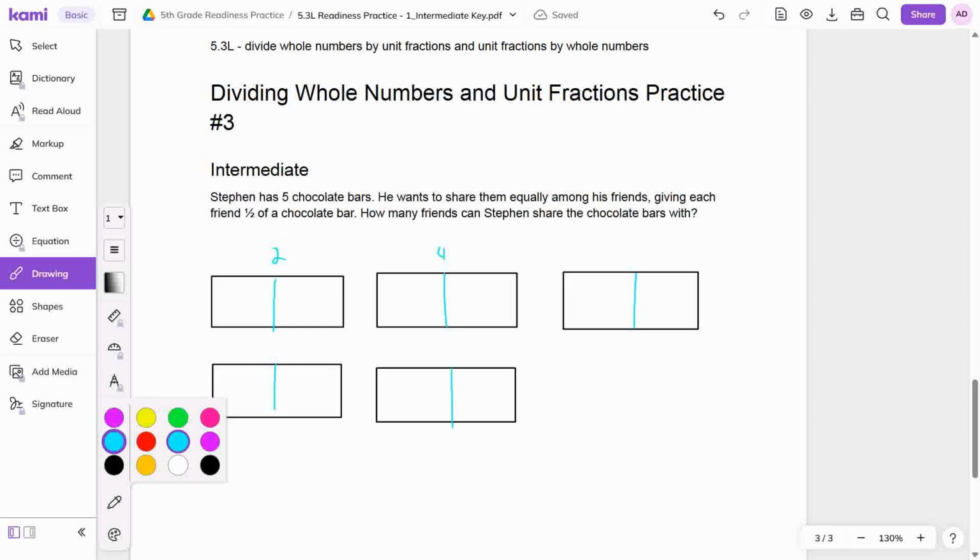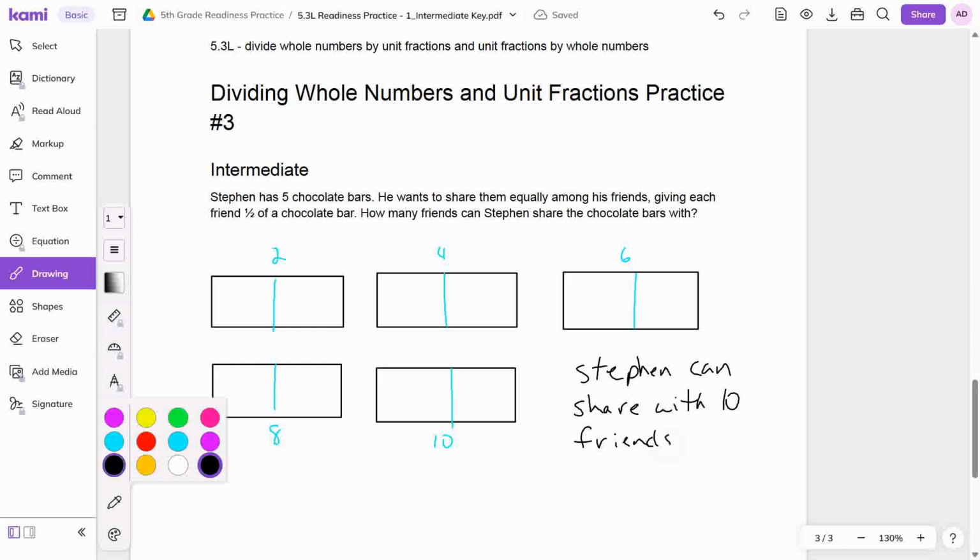Like this. And visually, it's really easy to see how many friends he can share it with. 2, 4, 6, 8, 10. So Stephen can share with 10 friends.